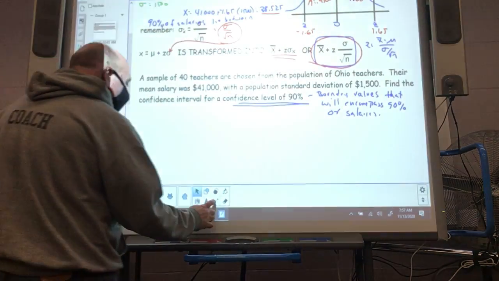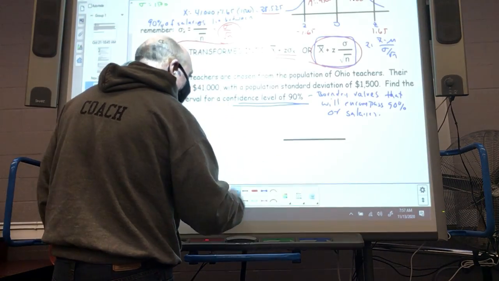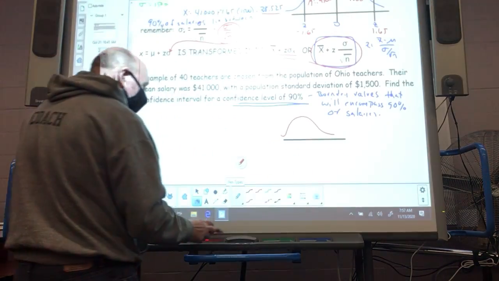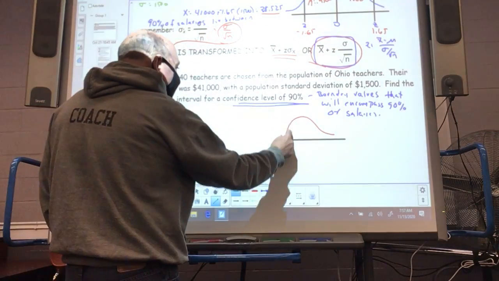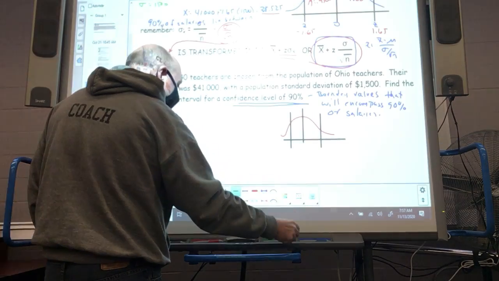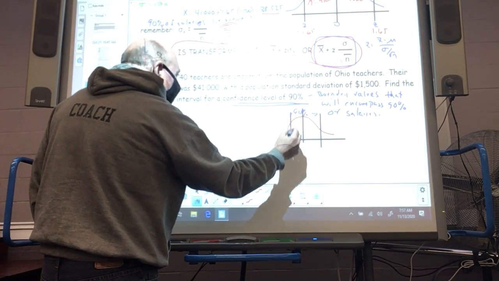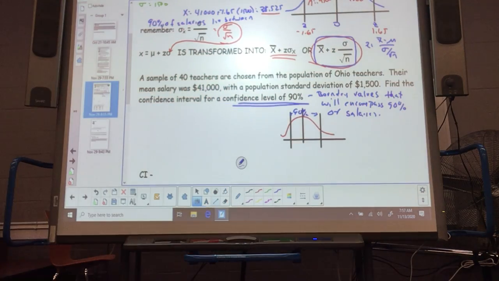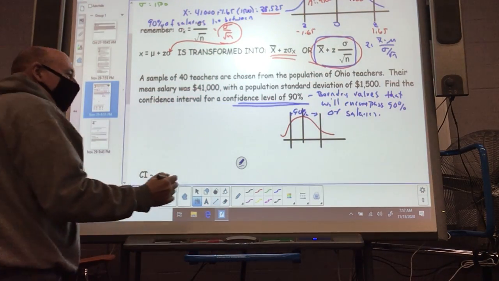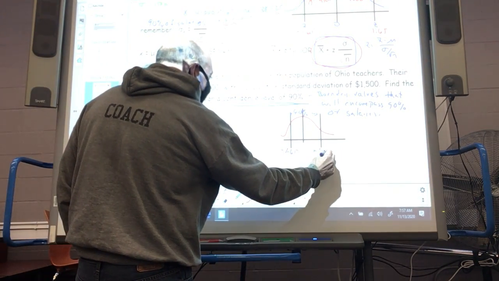Or a bell-shaped curve still looks the same. We still look at 90%, 45, and a z-score then that will come down to negative 1.65 and a positive 1.65.